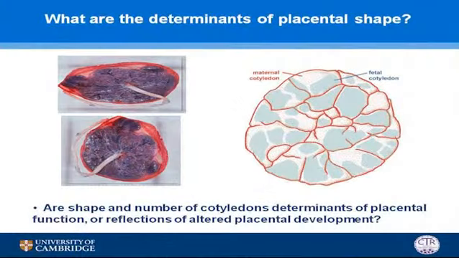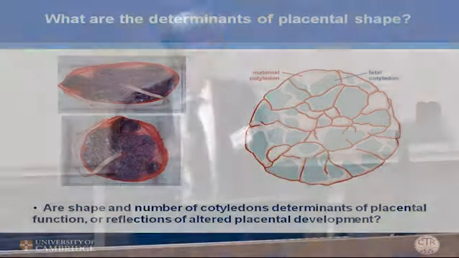Does it really matter how many cotyledons we see on the maternal surface of the placenta? And there's a fundamental question really that is raised: does this affect placental function, or is it just a proxy marker of the implantation site and the intrauterine environment in which the placenta developed?